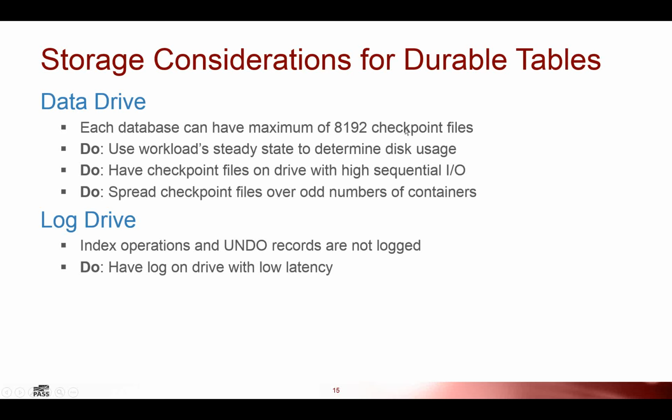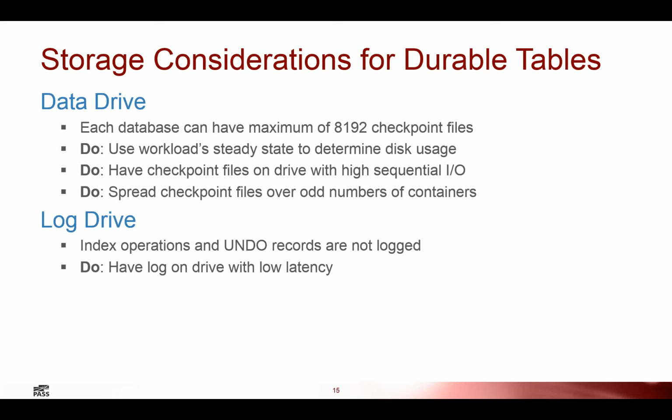When we read and write to the table, it's done in memory, but when we recover, the recovery uses the checkpoint files. So what we recommend is that you have 2 to 3 times the amount of memory consumed free on disk for these checkpoint files. For example, if you have 6 gigabytes of data inside your memory optimized table, you might want to have around 15 to 20 gigabytes of free disk space for checkpoint files.